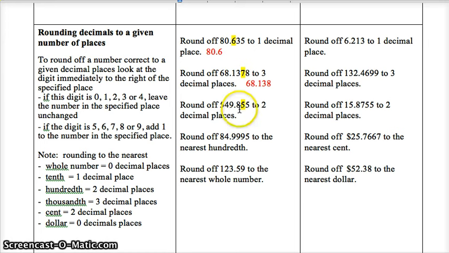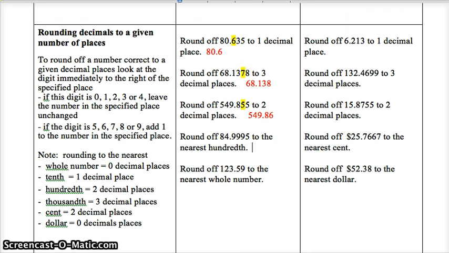So I need to look at what's next to the 5, and what's next to the 5 is another 5, and if this number next to that yellow 5 is a 5 or greater, then that 5 needs to be rounded up to a 6. So my answer will be 549.86.